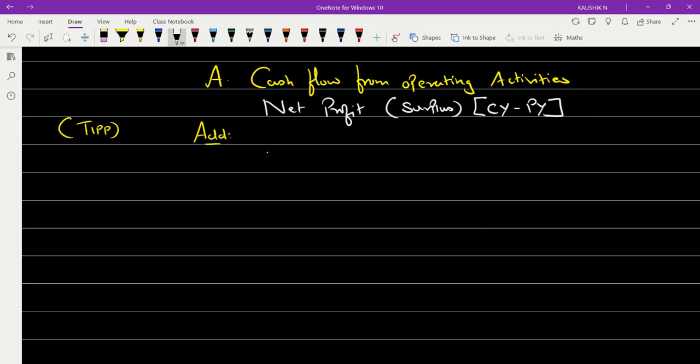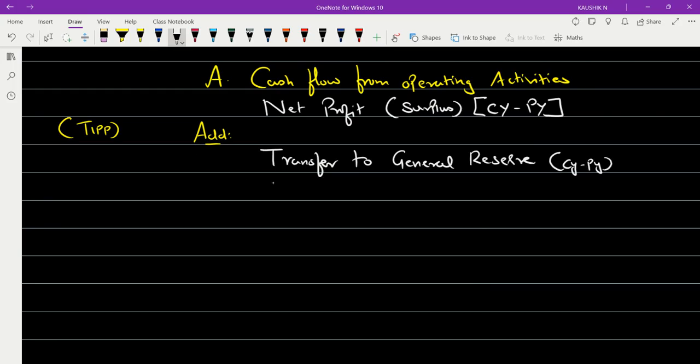What are those items if you ask? It's very simple. T stands for transfer to general reserve. For this also, how do we find the value? Current year value minus the previous year value.